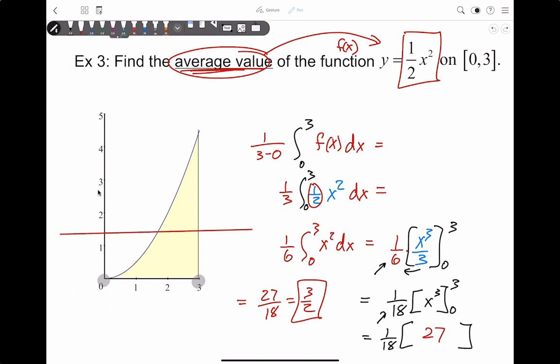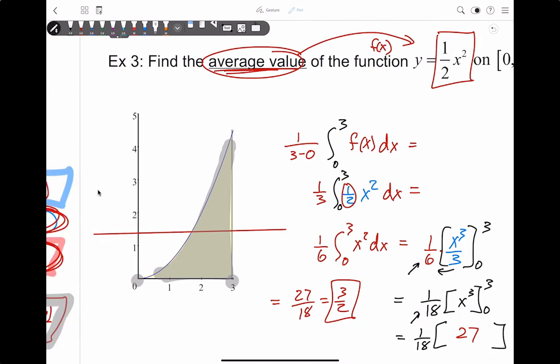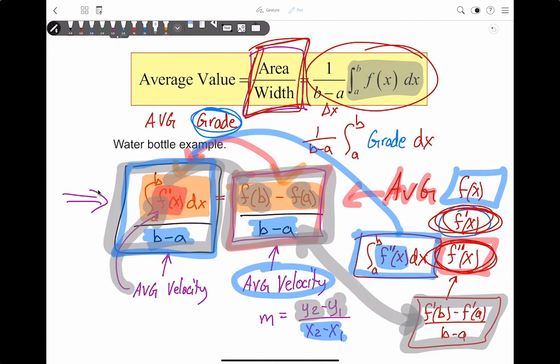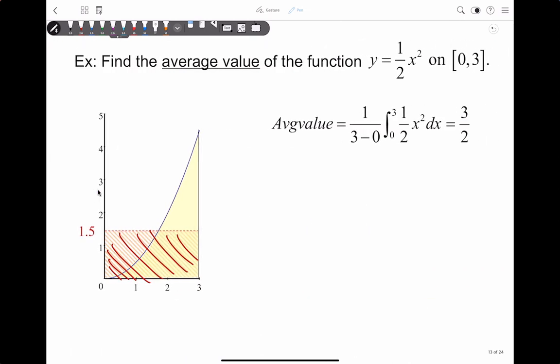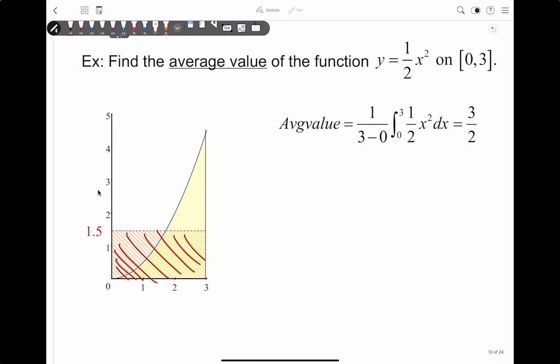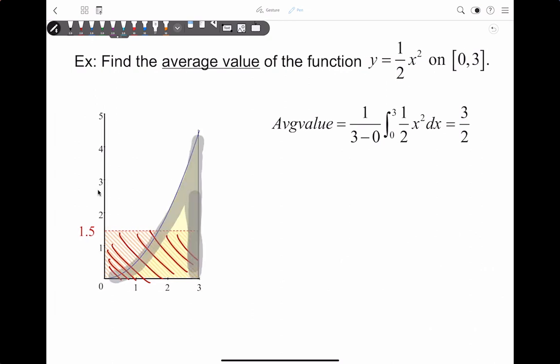So the area underneath the curve, let me highlight it as we go. All this area is what I highlighted over there in gray.